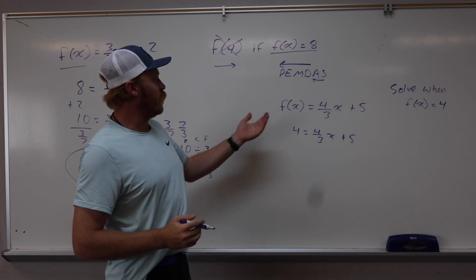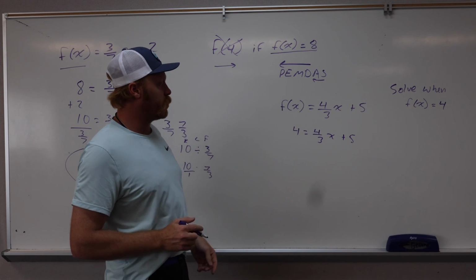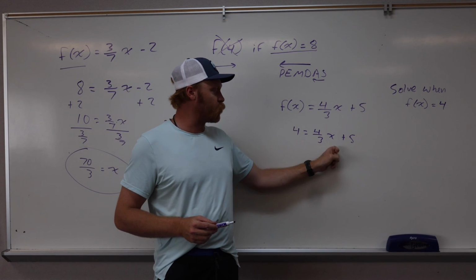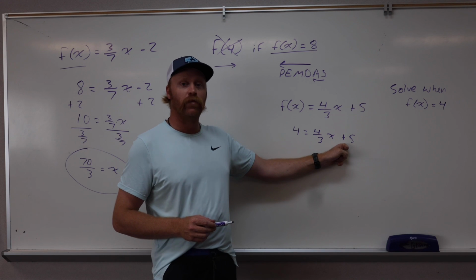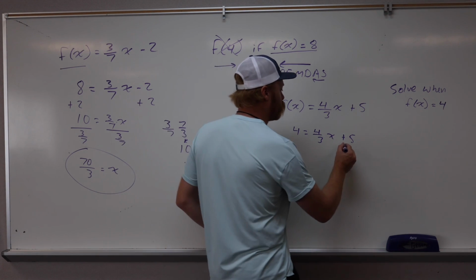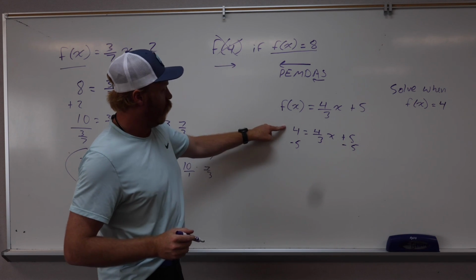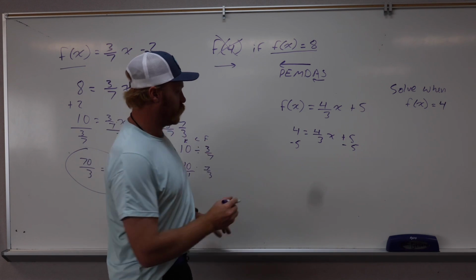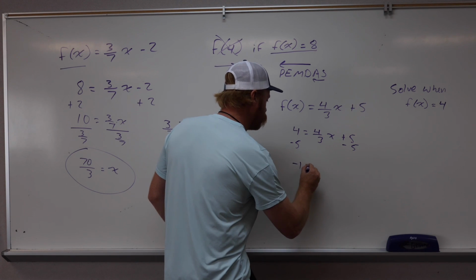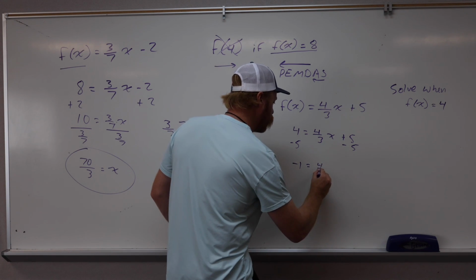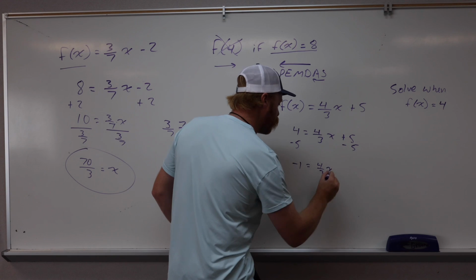Again, we're going to do the reverse of PEMDAS, so we start with our adding and subtracting. Notice here we have a plus 5. So we're going to subtract 5 from both sides. 4 minus 5 is going to be negative 1. Negative 1 is going to equal our 4/3 x.